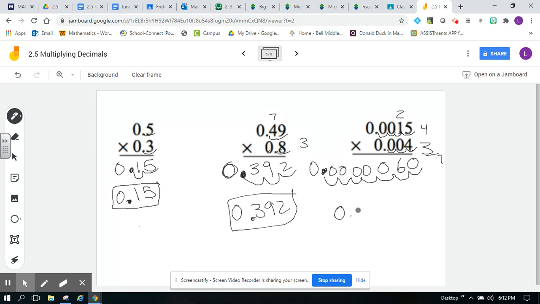I don't need that 0 at the end because it doesn't mean anything. We learned that a 0 after a number doesn't mean anything when it's after a decimal. So this would be my final answer for multiplying this decimal.